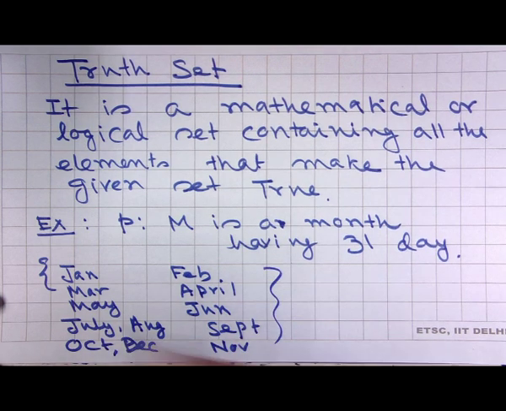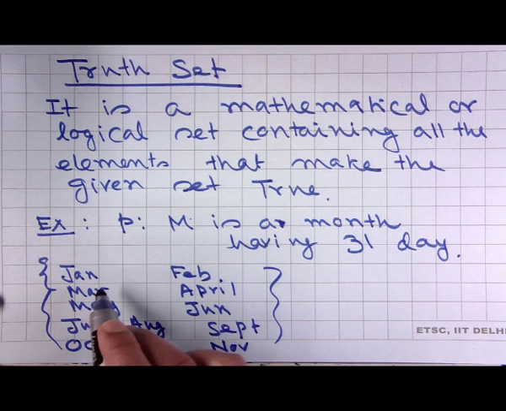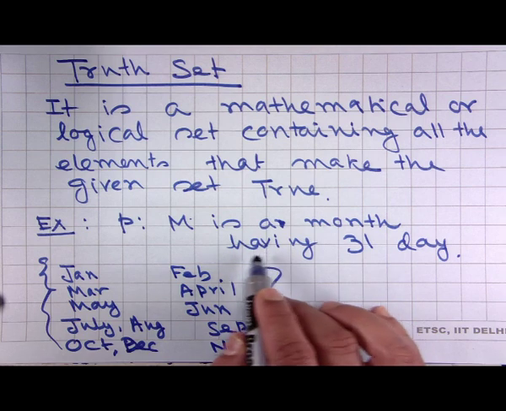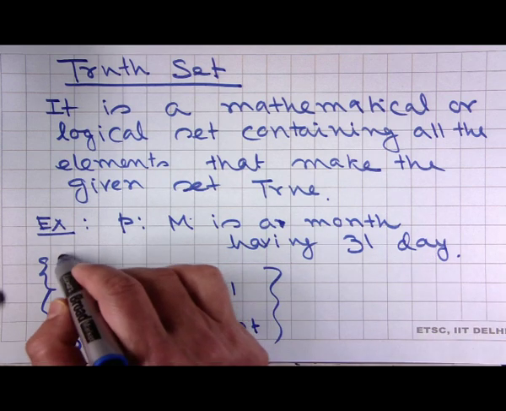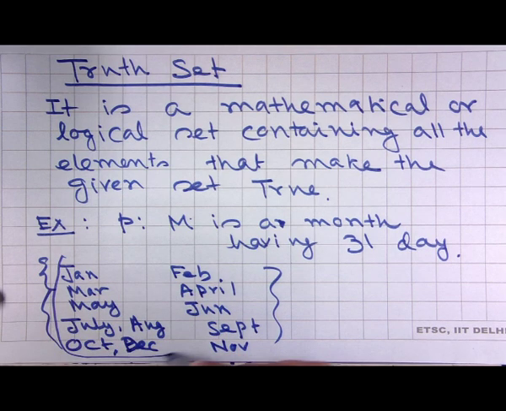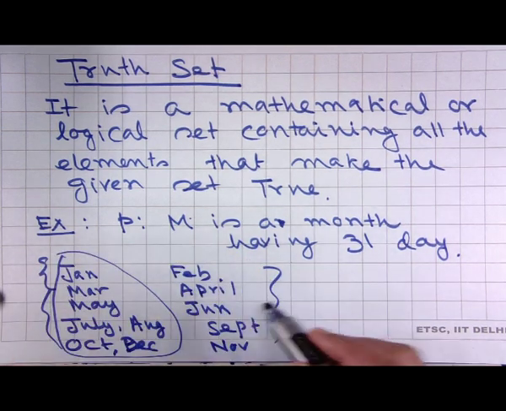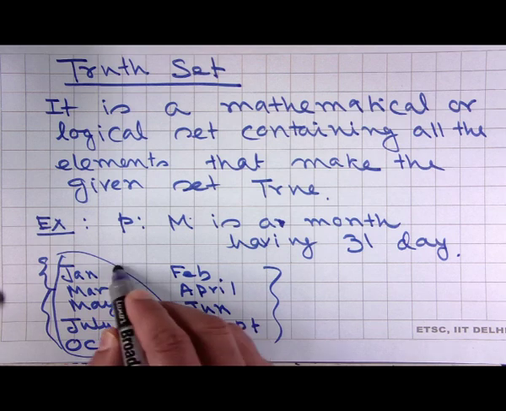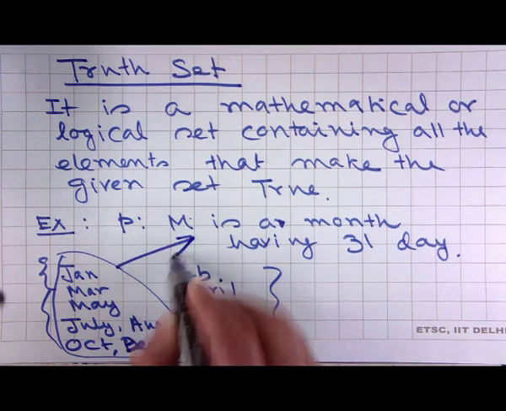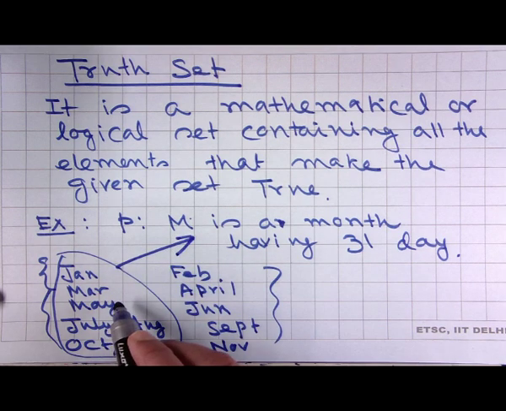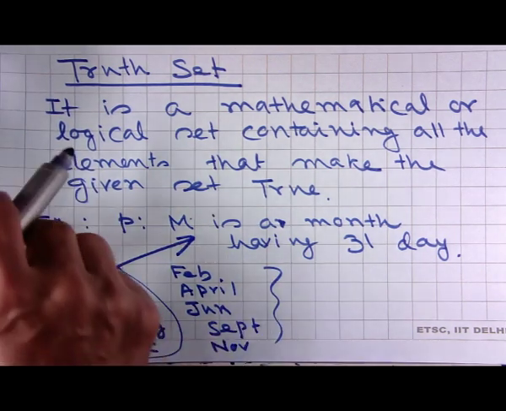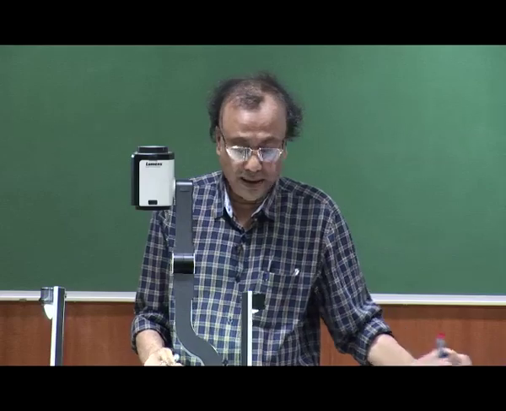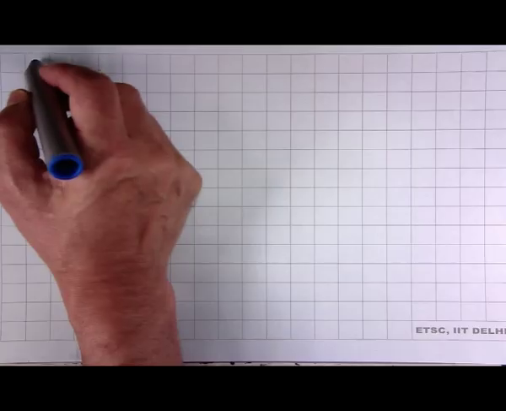So, this is the set of all months. M belongs to this, but we also have that having 31 days. So, these are the set of months which have 31 days. This is going to be the truth set corresponding to the statement P, that M is a month having 31 days.